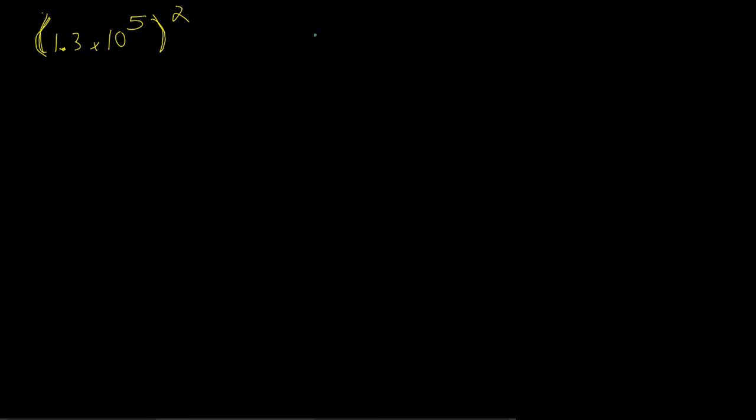Now our exponent rules said if I had 2 different bases to a power, it's the same as the first one to that power times the second one to that power.